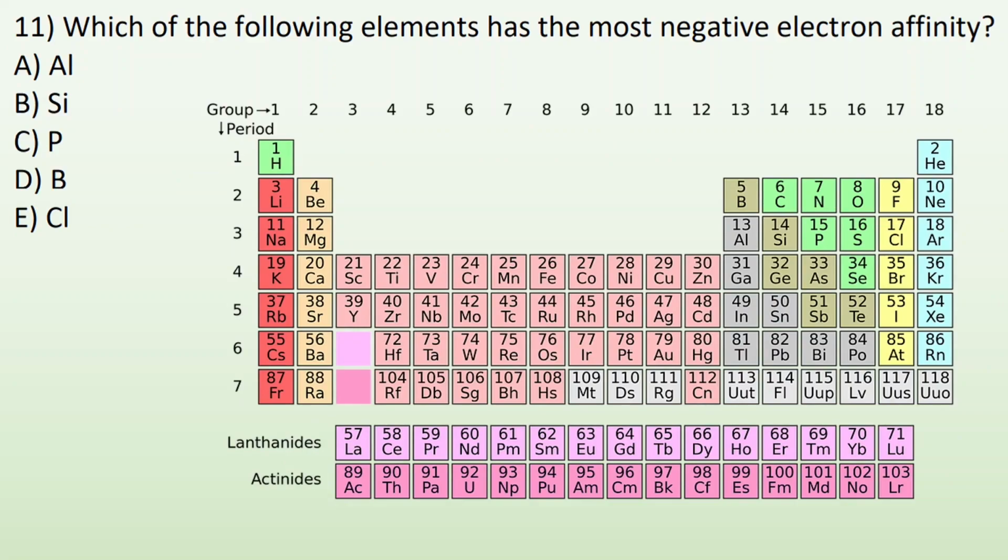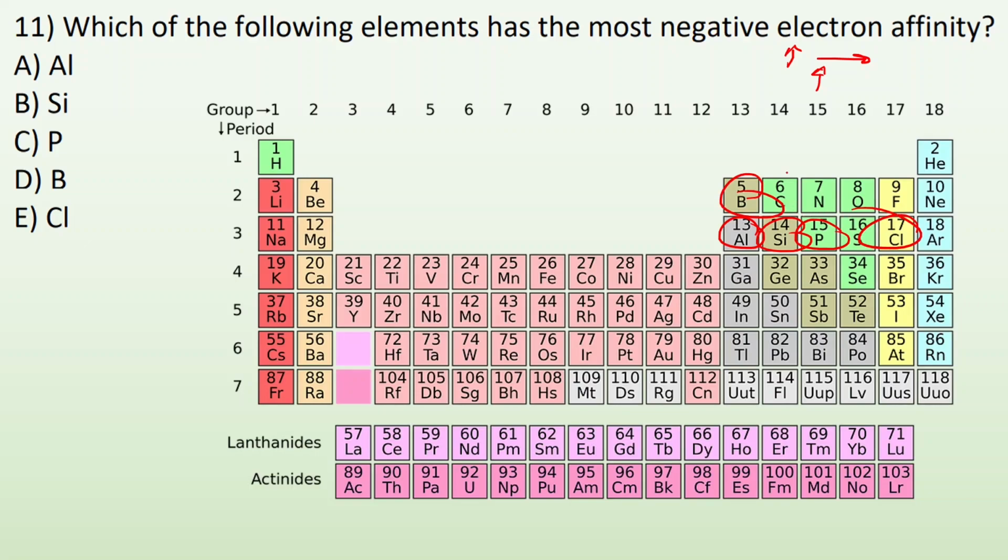All right, 11. Which of the following elements has the most negative electron affinity? Again, electron affinity becomes more negative as we go left to right, as well as bottom to top in a group. So let's see what elements we got. We got aluminum, silicon, phosphorus, boron, and chlorine. Interesting.